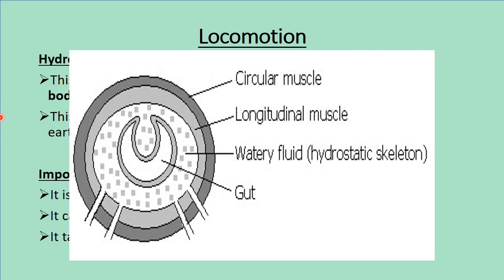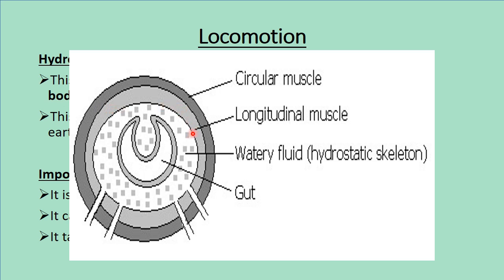This is an example of a longitudinal or cross-section view of the body of an earthworm. If you look at the top here, on the outside we have the circular muscles. Then deep inside we have the longitudinal muscles.